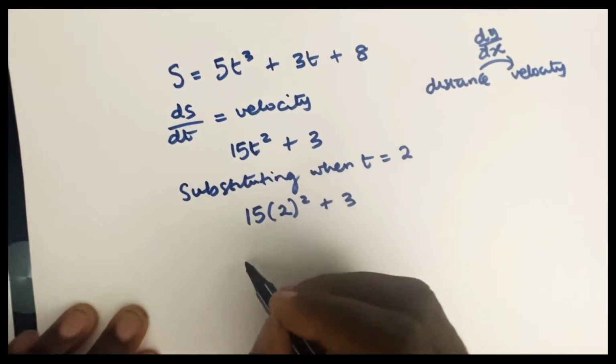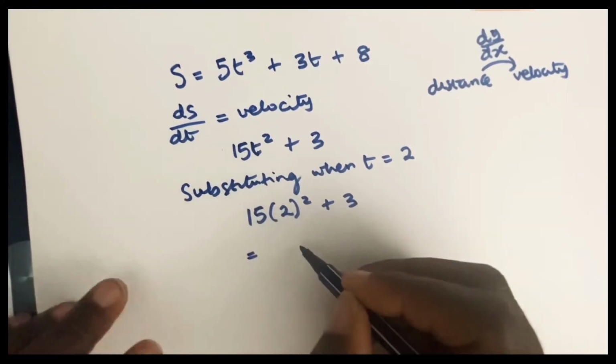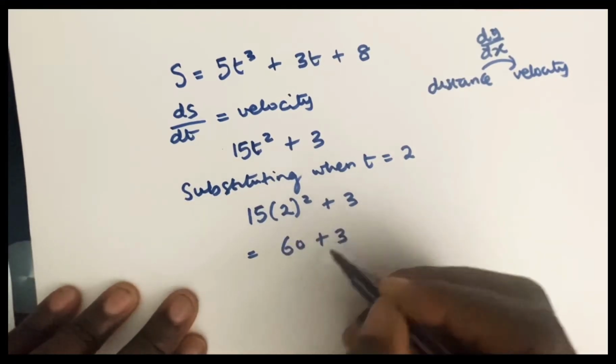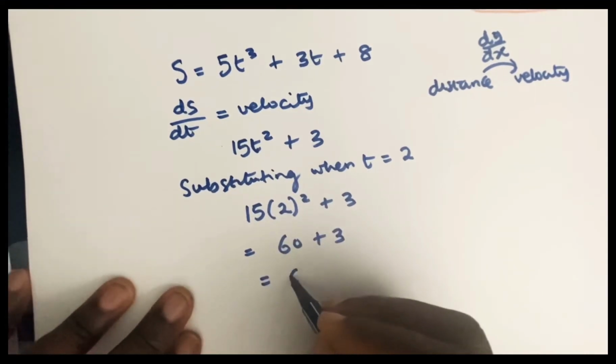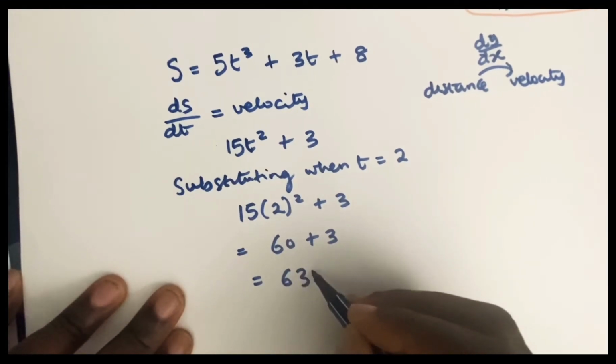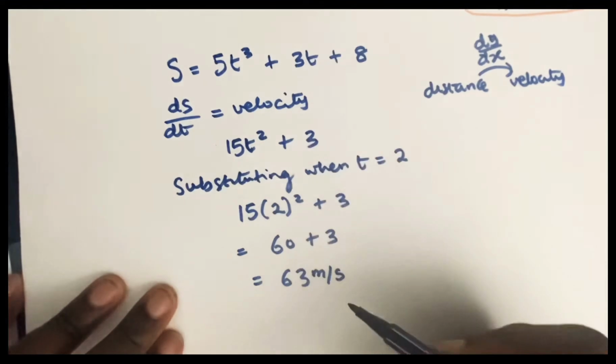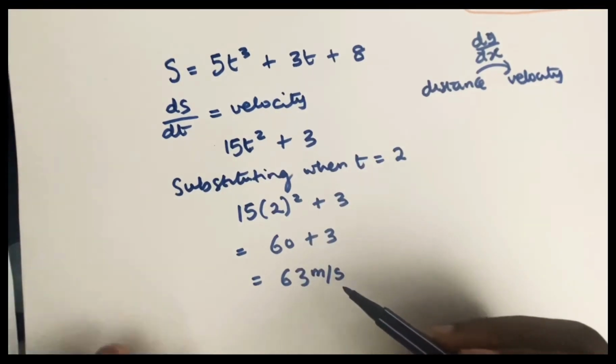This is going to give us 15 times 4 is 60, plus 3 is equal to 63 meters per second. Remember, we're talking velocity, so velocity would be meters per second.